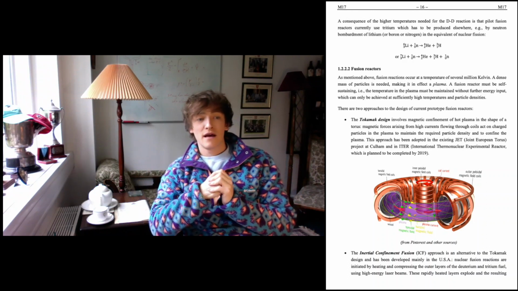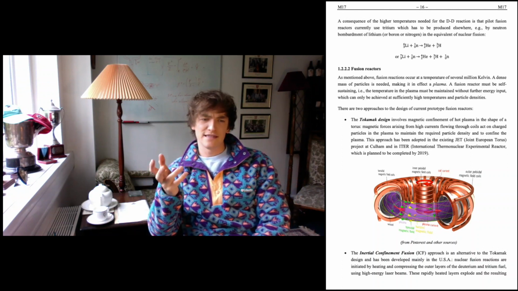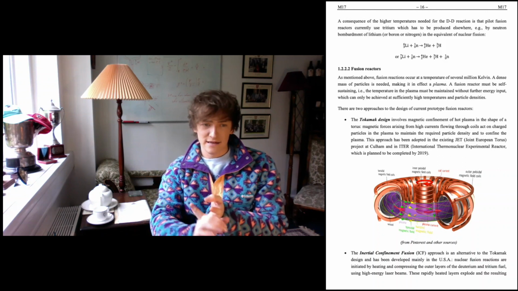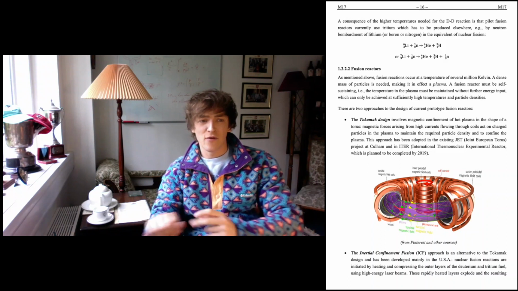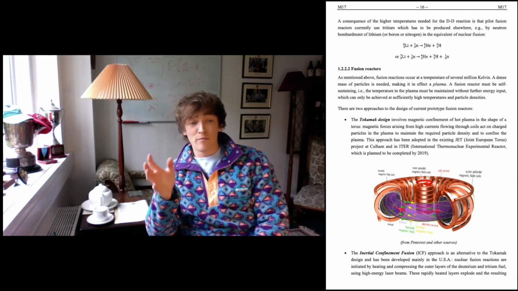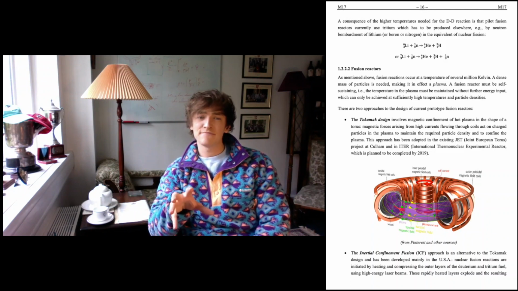Okay. Now there are two types of fusion reactor design: inertial confinement and magnetic confinement. And the diagram you can see here is for magnetic confinement. And magnetic confinement is the more popular. And you may have heard of it referred to as a tokamak design.